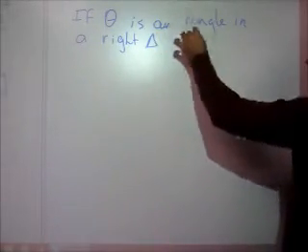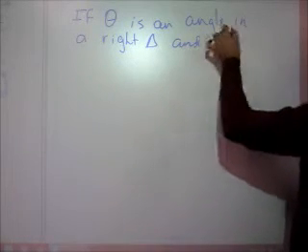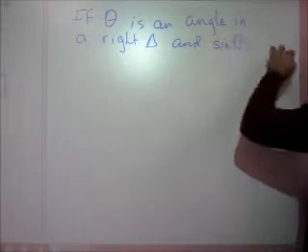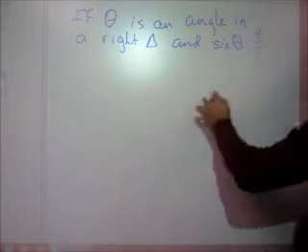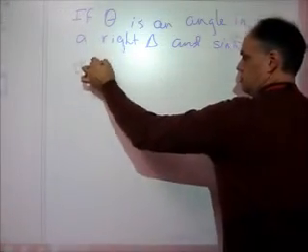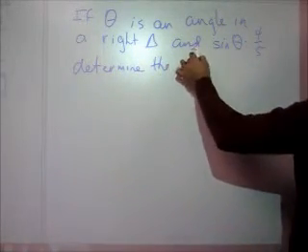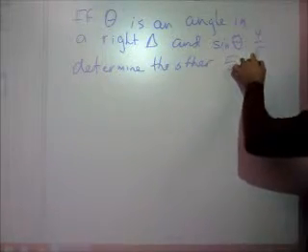If theta is an angle in a right triangle and the sine of theta is equal to 4/5, determine the other five trig functions.